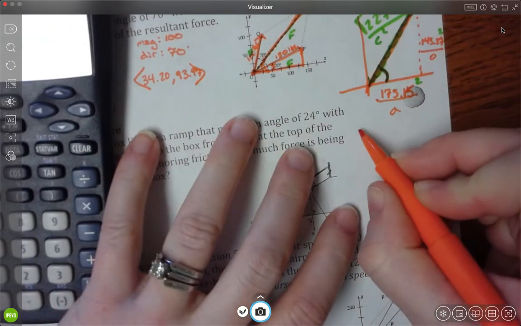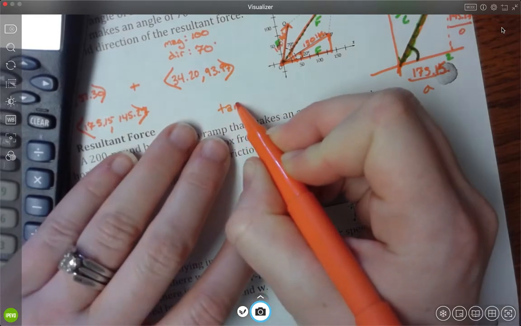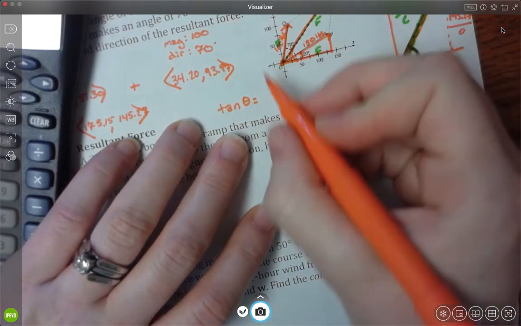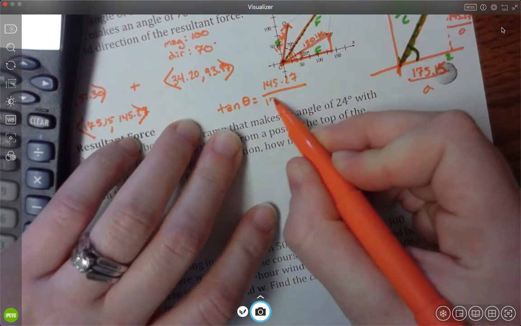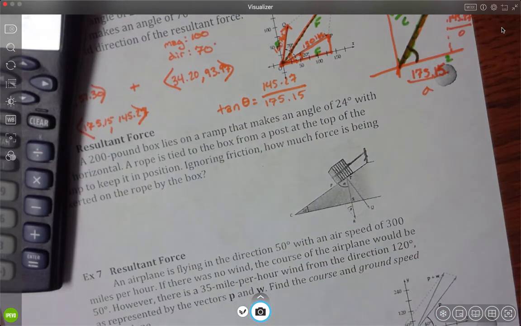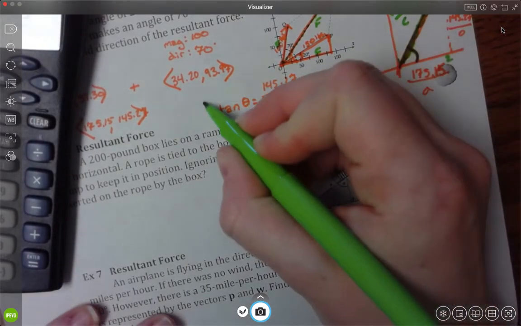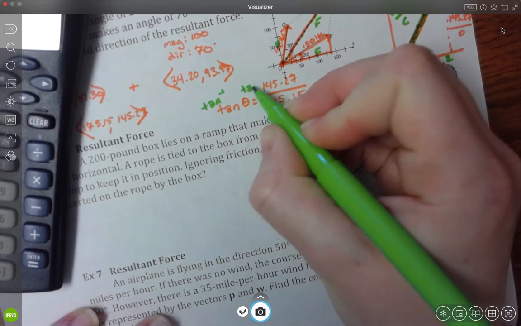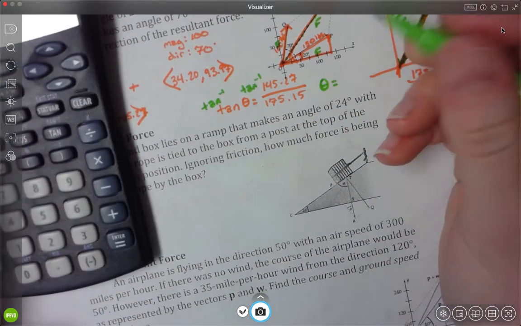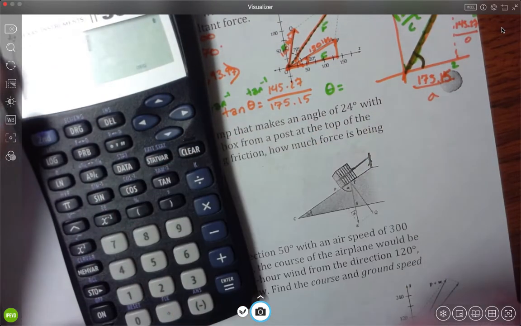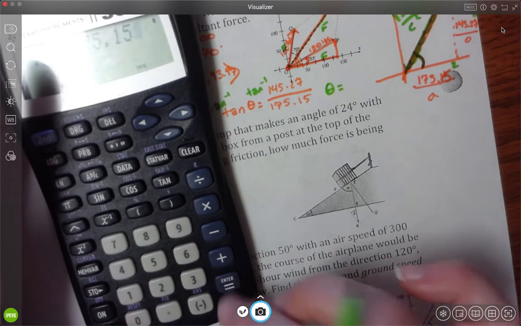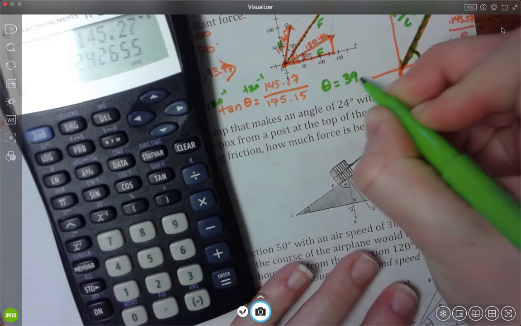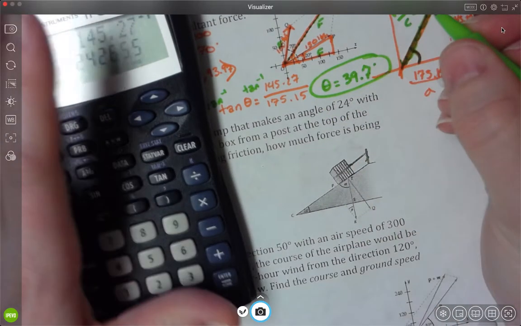So I have tangent of my angle is opposite 145.27 over the adjacent side 175.15, and then I would do the inverse tangent of that, and that will give me an angle of 39.7 degrees, let's say. Okay, 39.7 degrees.